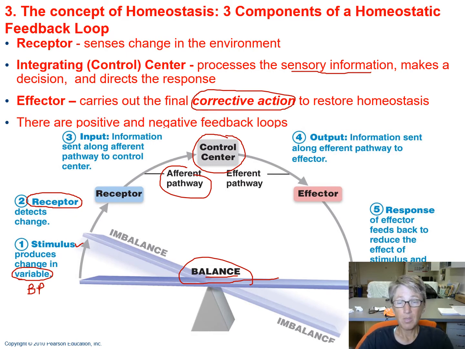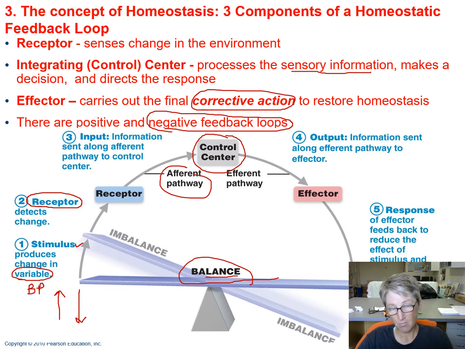And this cartoon that we just talked about is comprised of a negative feedback loop. It's negative because in this feedback loop, the blood pressure went up, and then the feedback loop worked to cause the blood pressure to go back down.